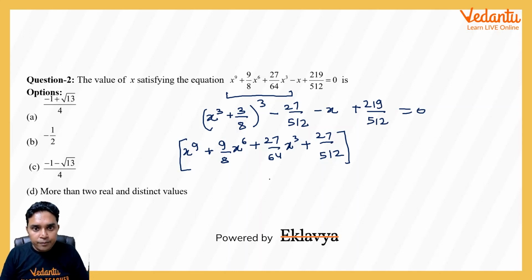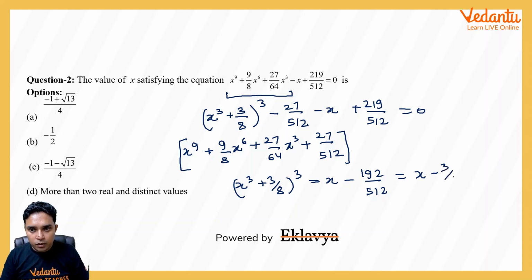So you can see we will be getting this as (x cube plus 3 by 8) whole cube, and if I bring everything on the right hand side, then it will be x minus 192 upon 512. This becomes 3 by 8 only. This 192 is 64 into 3, and 512 is 64 into 8. So we can write this as x cube plus 3 by 8 is equal to (x minus 3 by 8) whole power 1 by 3.